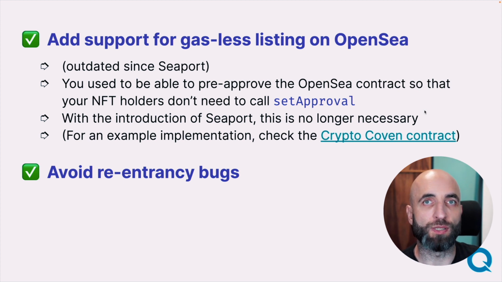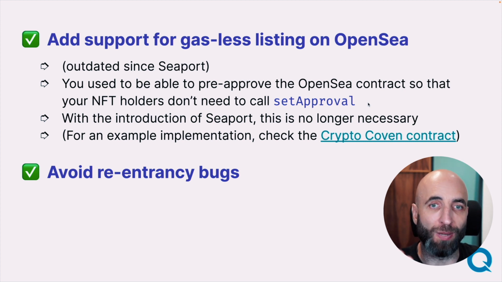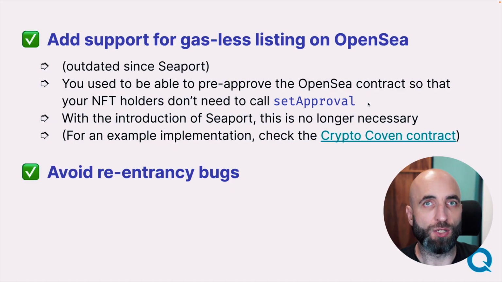So previously, for example, you might or might not set the set approval function, which let the users mint on OpenSea without adding an additional transaction to allow you to mint on OpenSea. So in effect, you only had to do one transaction instead of one approval transaction and then one minting transaction. And that function was optional.